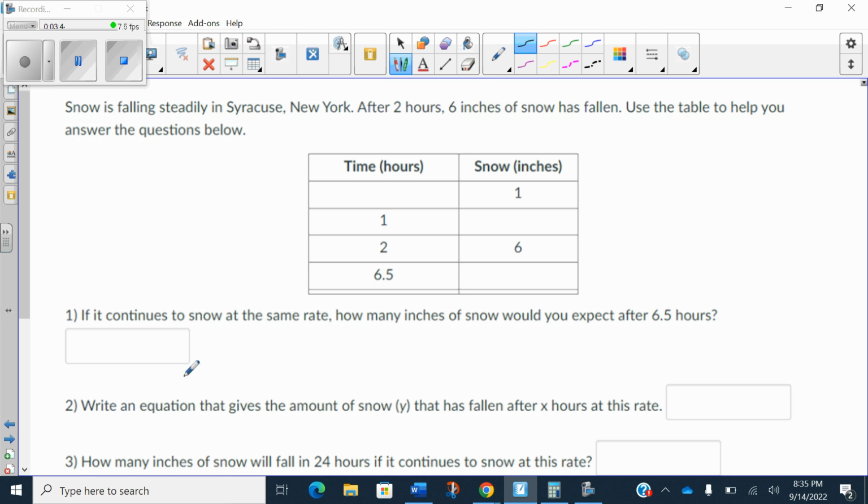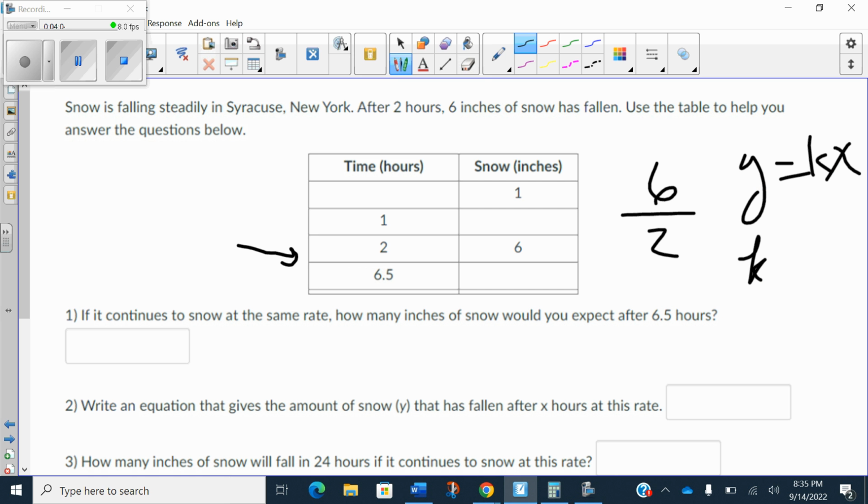It says snow is falling steadily in Syracuse, New York. After 2 hours, 6 inches of snow has fallen. So this is what I know. I know that 2 goes with 6. So if I go here, I can do 6 divided by 2 because it's y equals kx and k equals y divided by x.